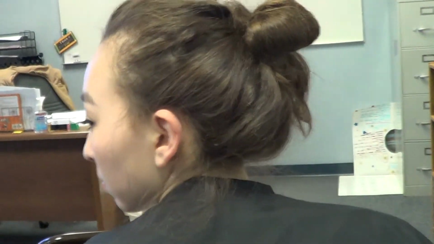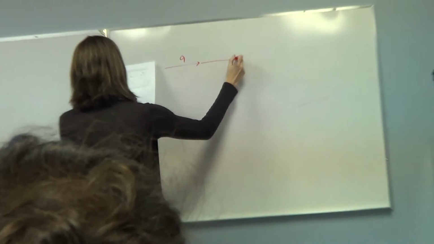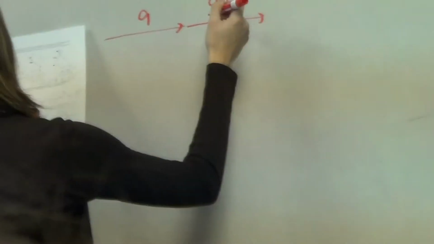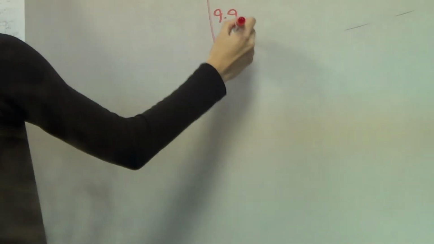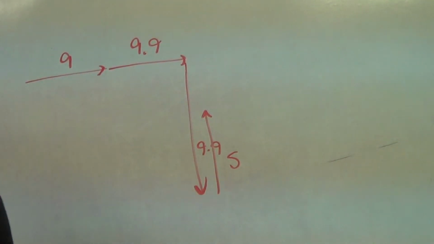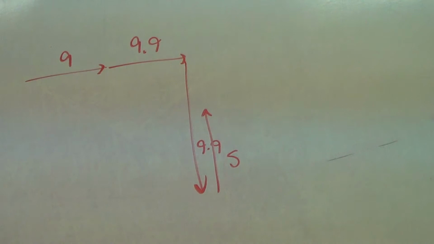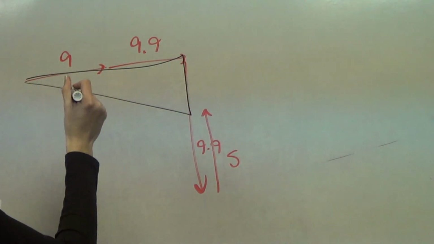The second one would be you have 9, and then 9.9, you're drawing your triangle, and then it goes down 9.9, but it goes back up 5. So your triangle would be like this.